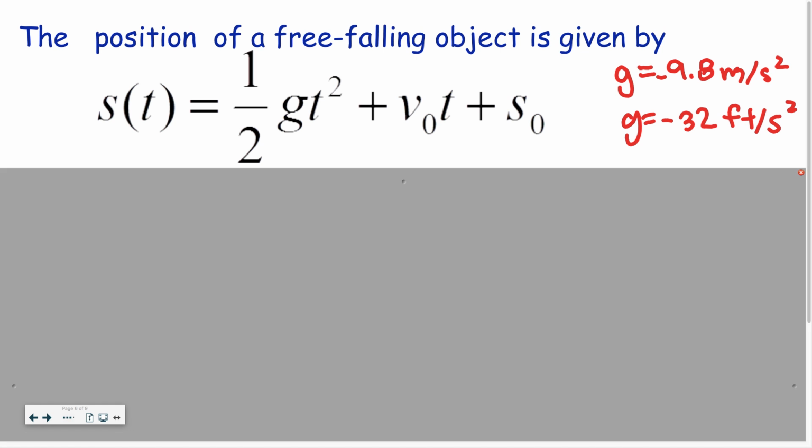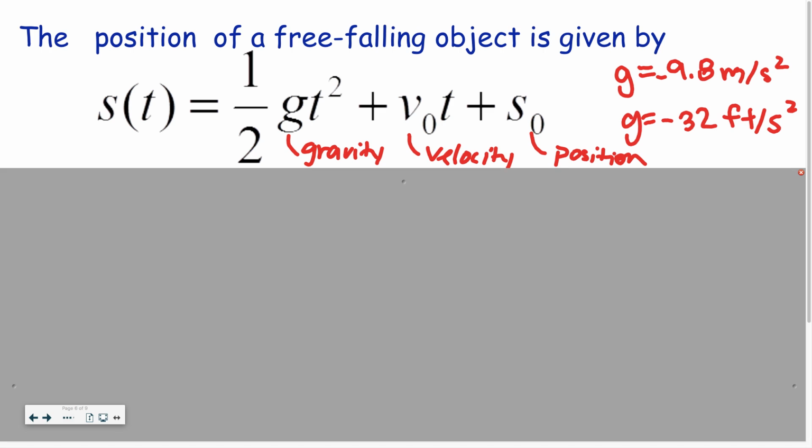And then S naught. Initial position. Okay? So here we have gravity, initial velocity, and initial position.